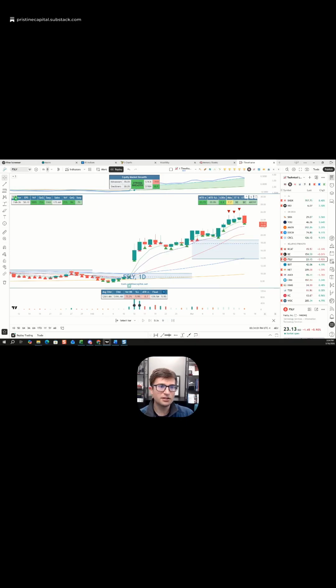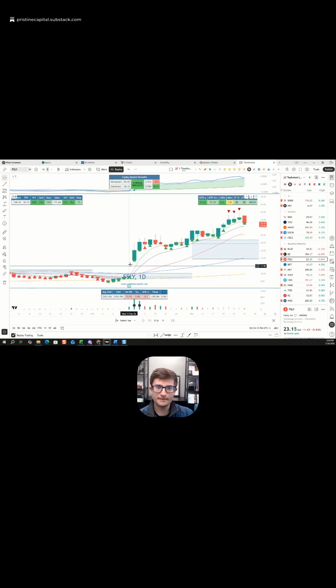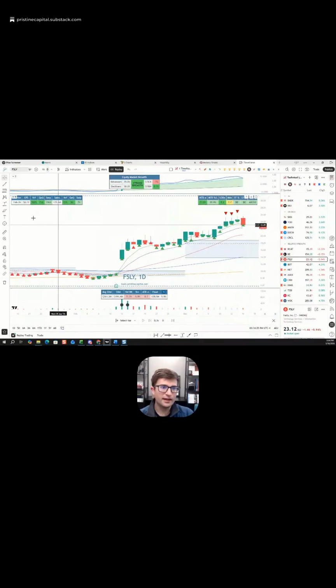And the same thing if I switch this parameter to buying the open, which a lot of times works for power earnings gap setups. Buying the open, via hindsight, gives a cumulative return of 71%. You can see even more of these flip green. So to me, Fastly has been the cleanest setup that this market has offered.